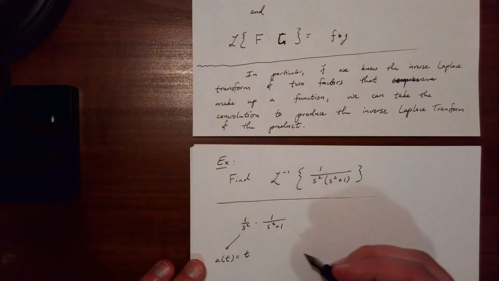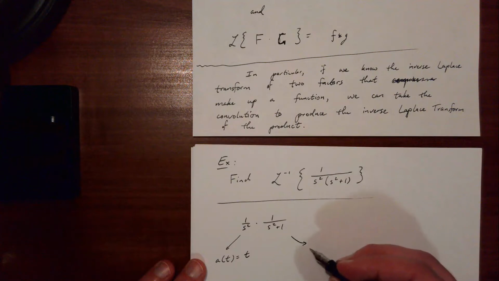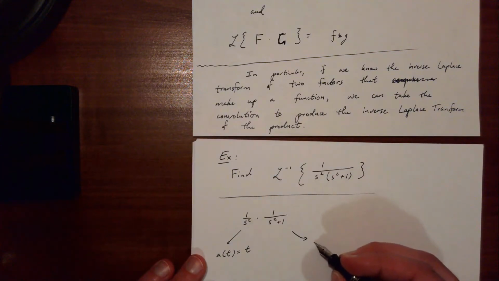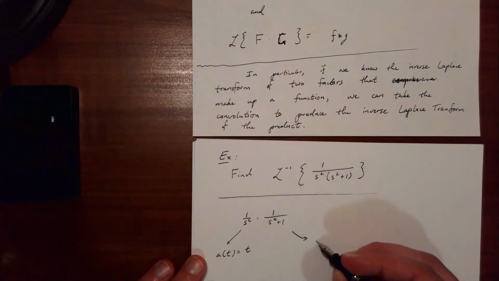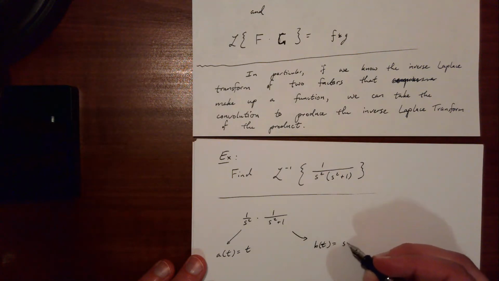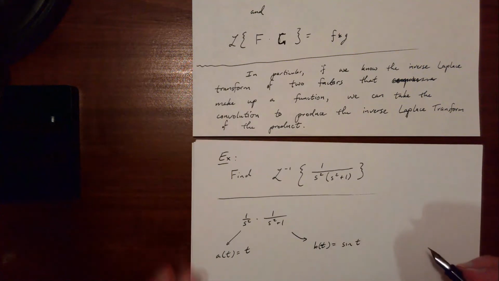This is the Laplace transform of just t. And this, on the other hand, is the Laplace transform of, let's see, that's a k, so that would mean this is sine. So b of t equals sine t.